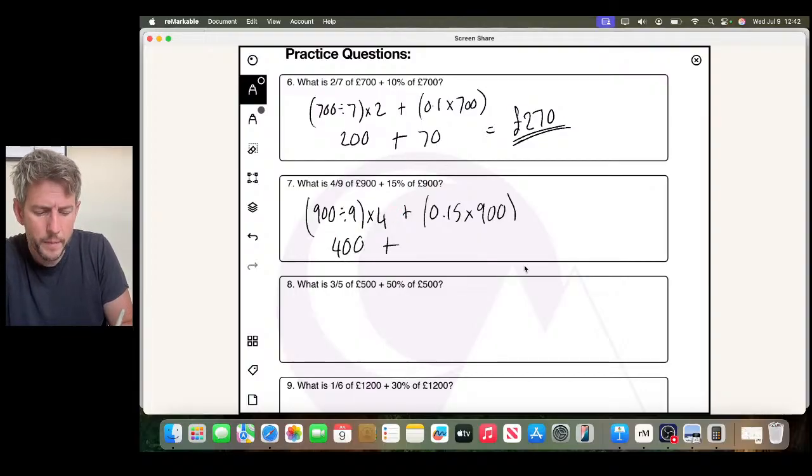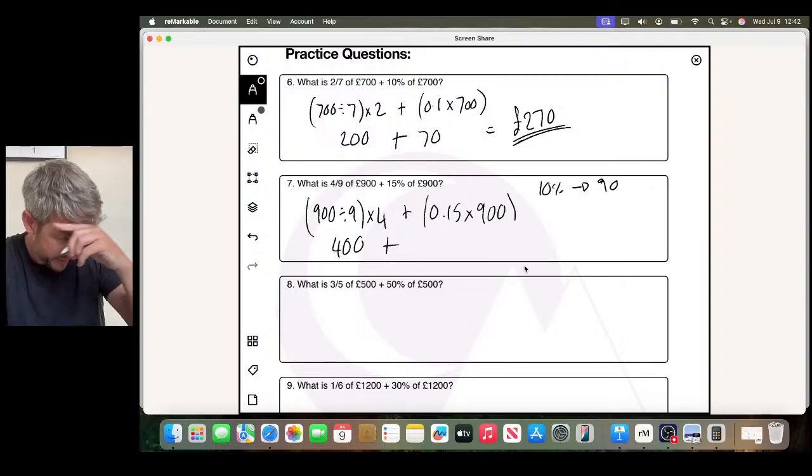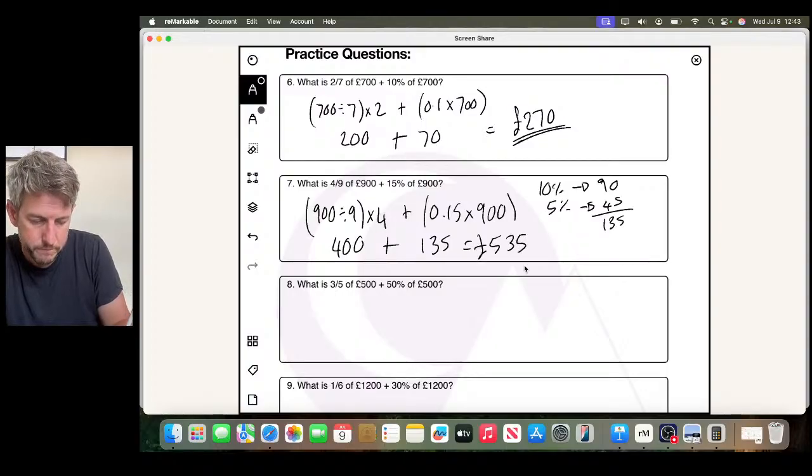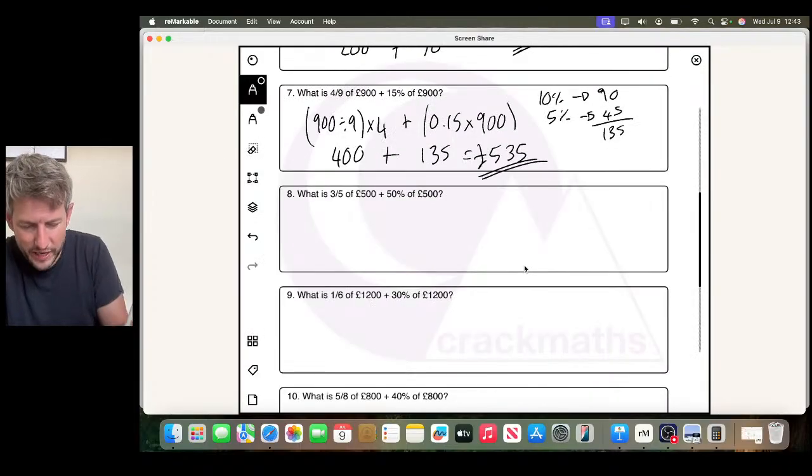Because I'm thinking non-calculator, I'm going to do this in a non-calculator way. 10% is going to be 90, because that's a tenth of 900, and then 5% is half of that, so that's 45, so 15% is 135. So we've got 400 plus 135 equals 535. In fact, let's try to do the rest of these non-calculator.